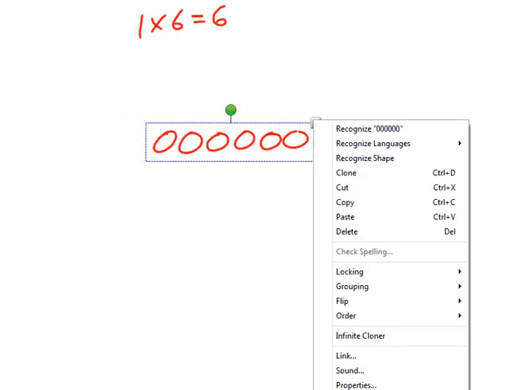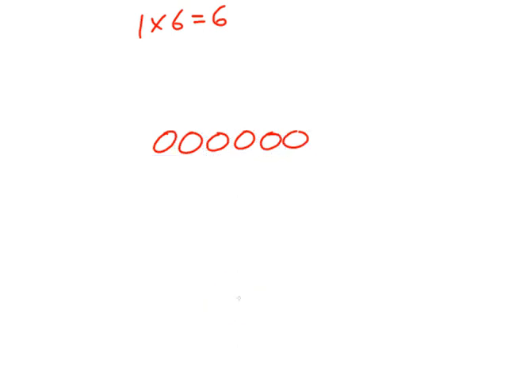Looking at other numbers, let's say 6. If we have 6, we obviously know that in this rectangular form, 1 times 6 is equal to 6. What other ones are there? Well, we can move these around again and do them this way.